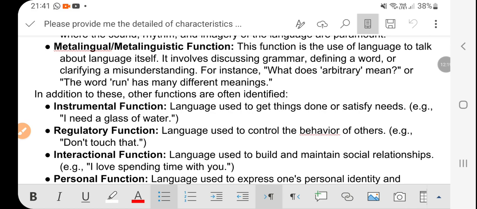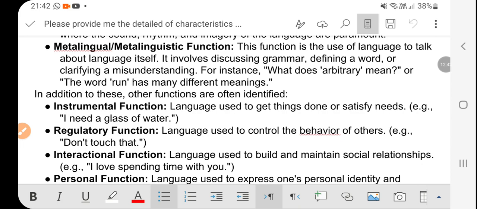So that's grammar, right? Sometimes we deal with grammar, sometimes I'm explaining this to you through language only. Linguistics, I'm explaining to you functions and characteristics. So that also comes under metalingual or metalinguistic function. So this function is called metalinguistics, right?